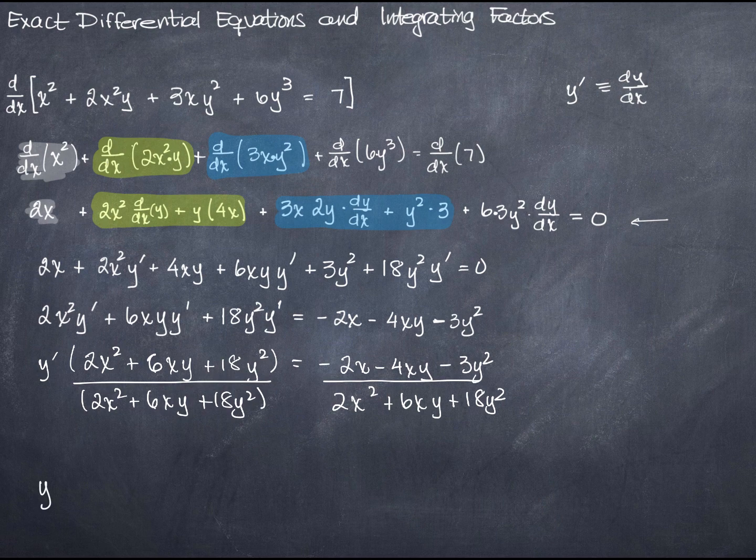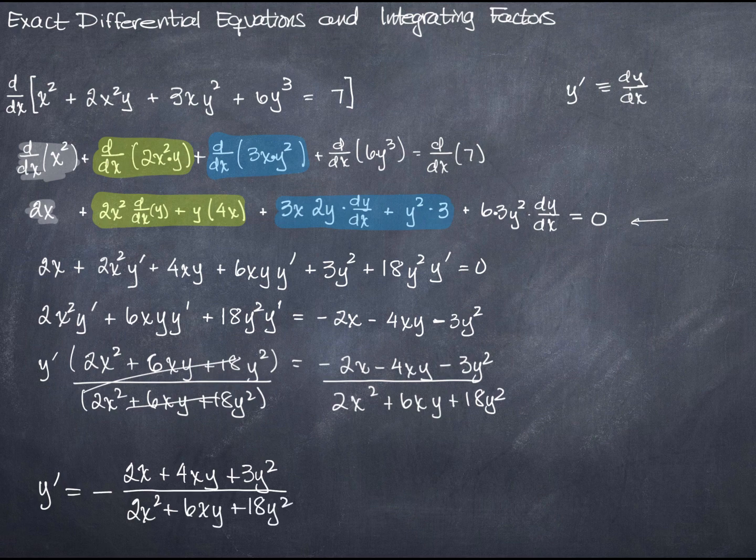And I have y prime is equal to, I'm going to write this as negative, 2x plus 4xy plus 3y squared, all over 2x squared plus 6xy plus 18y squared.